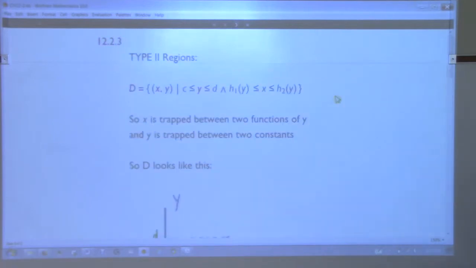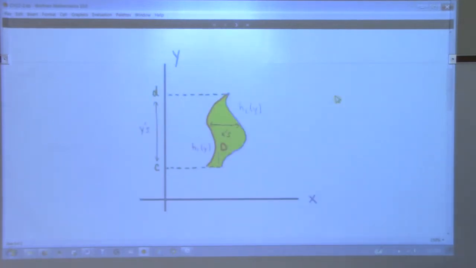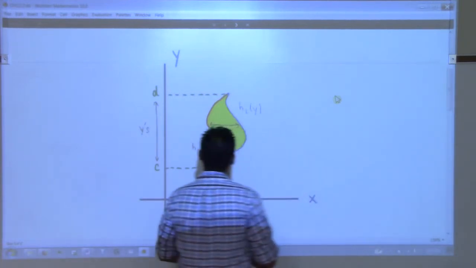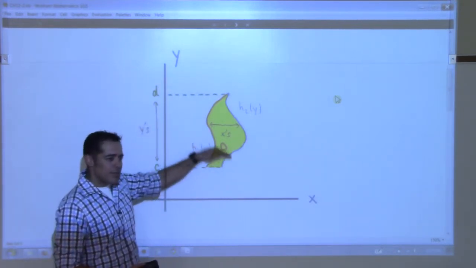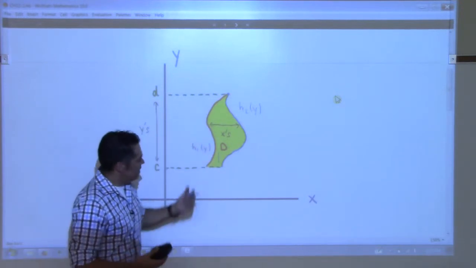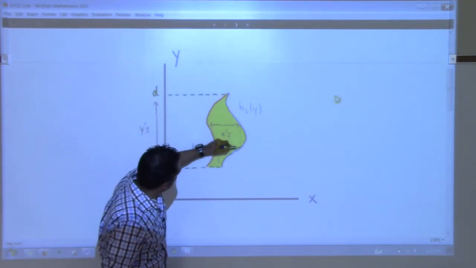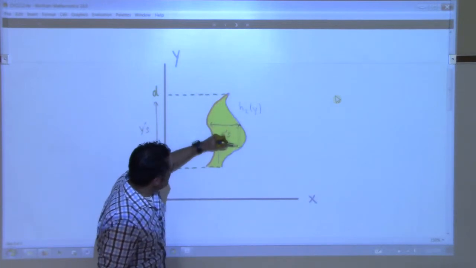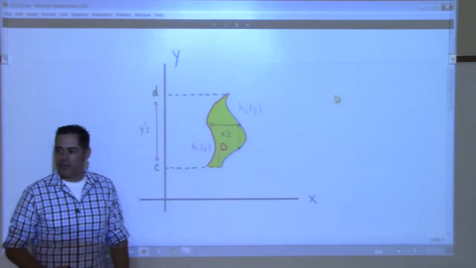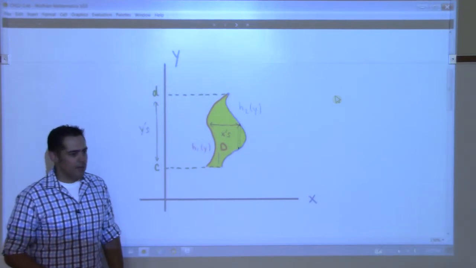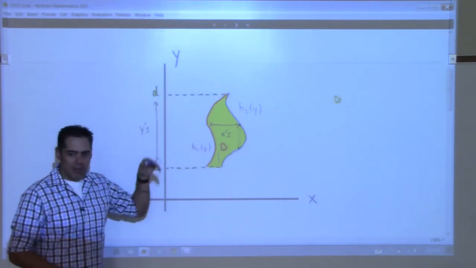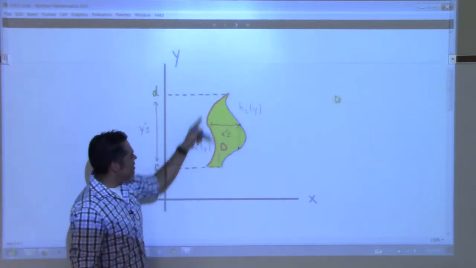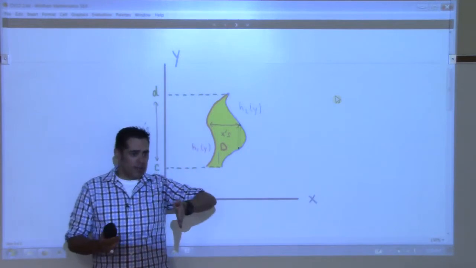Type 2 regions. Here's what they look like. Look at the difference between this and a type 1. In a type 1, your x's are between two constants, and your y's are between two functions of x. Here, if I try to use that same idea and draw little rectangles, the top and the bottom are actually the same curve. They're not two different functions of x. So we can't do it that way, because both of these fail the vertical line test.